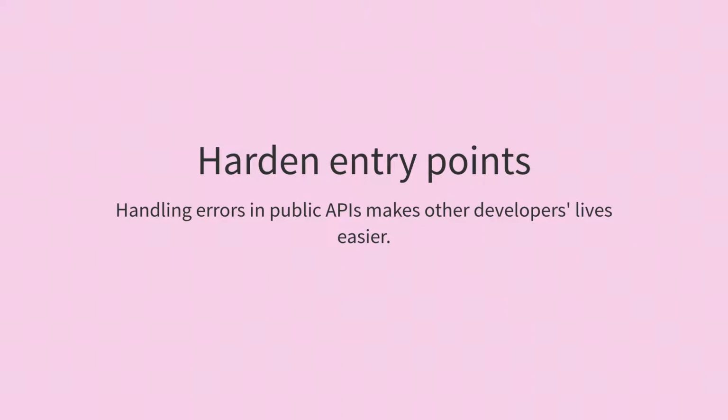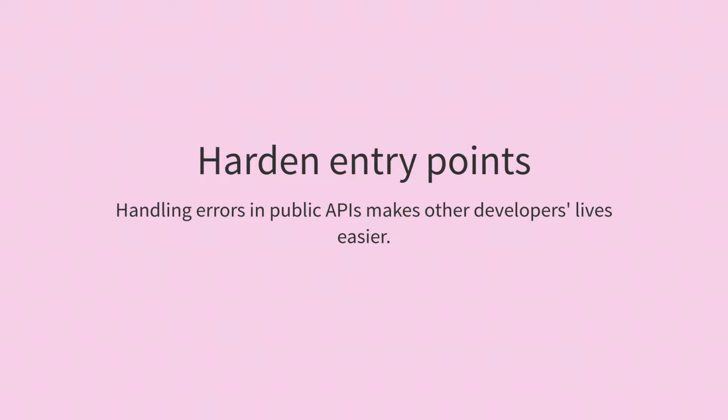The most important thing is the entry points of your code, your public API. If you write a library, or if you write a couple of functions for your coworkers to use, that is like the public API. That's stuff for other people to work with who are not necessarily familiar with the internals of the code that you wrote. And you don't want them necessarily to spend time on becoming familiar with your code.